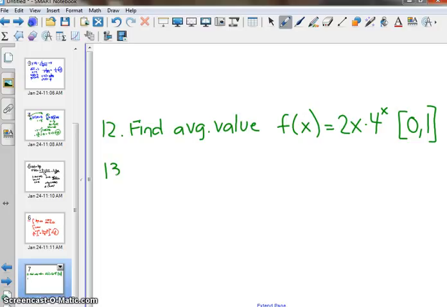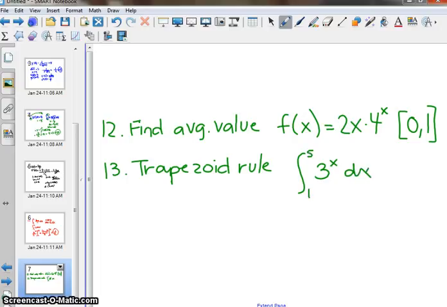Number 13, use trapezoid rule to find the approximate area of the integral of 3 to the x from 1 to 5. Do 4 subintervals and then find the actual area.